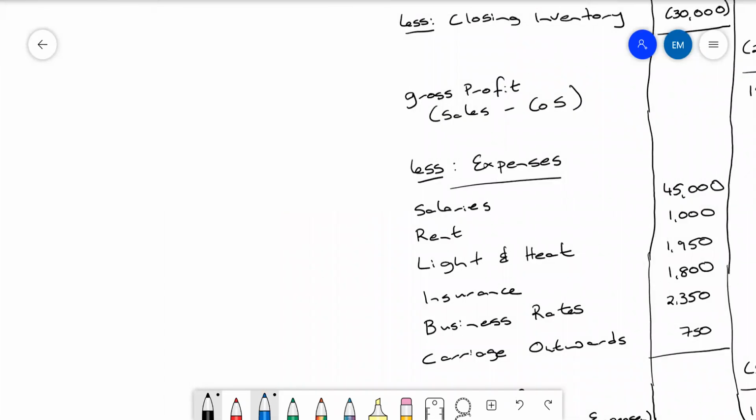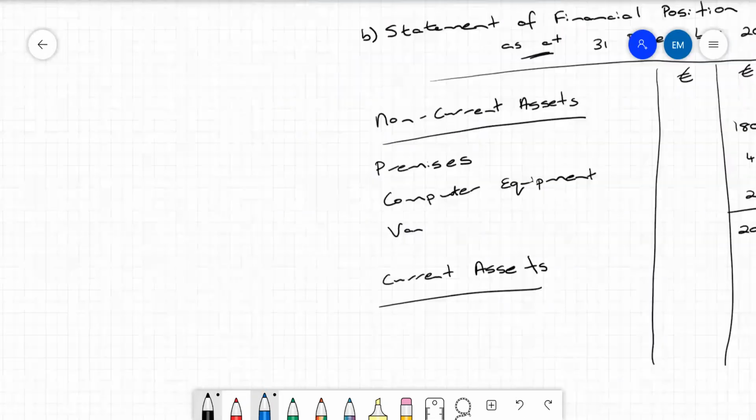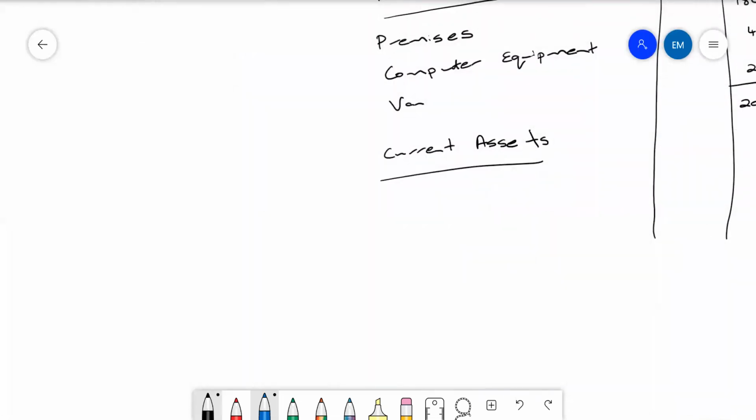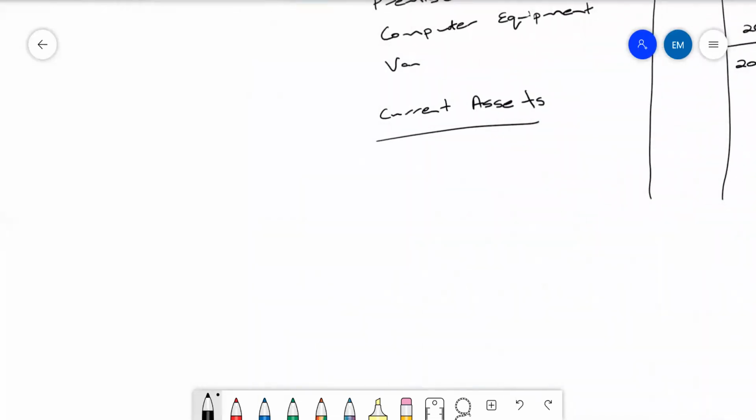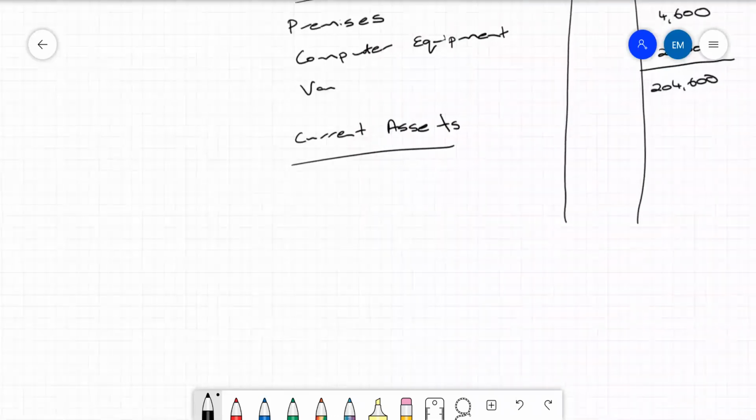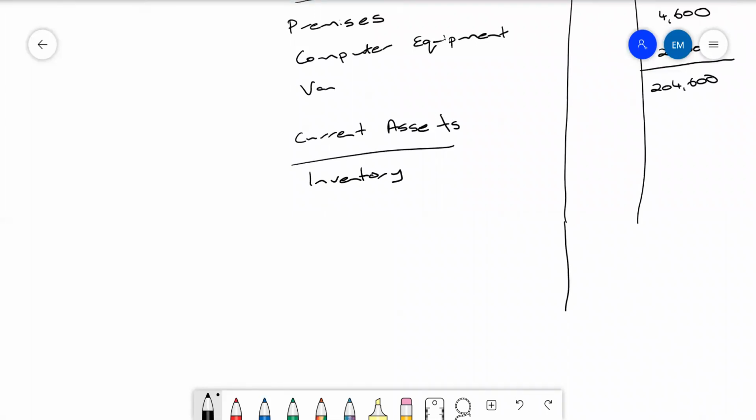So in this question for Fred Black, we have 3 current assets. So we have our inventory, which was €30,000.